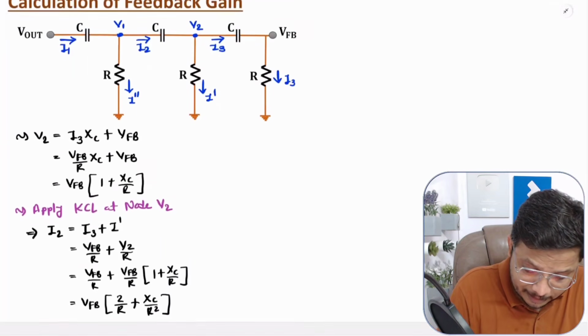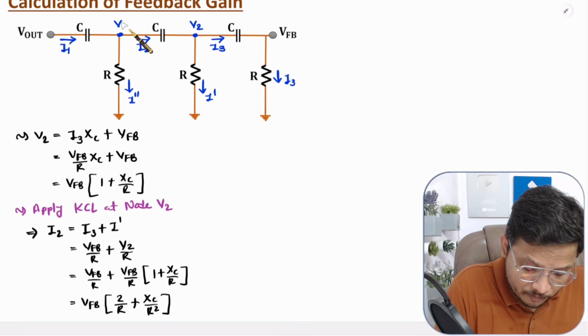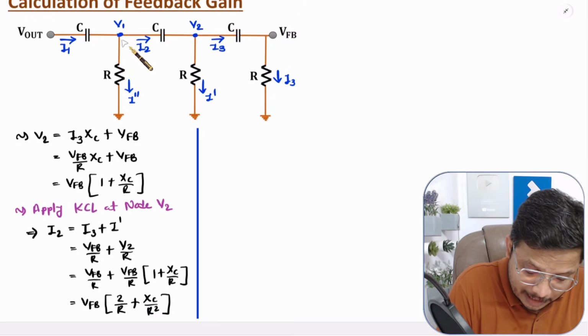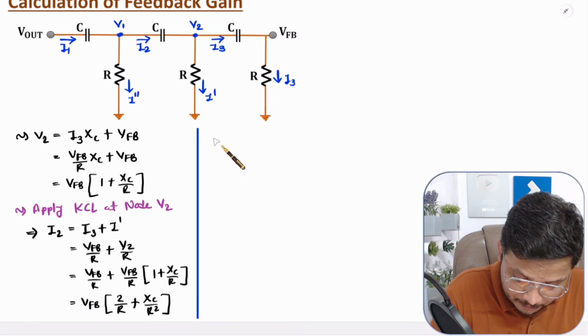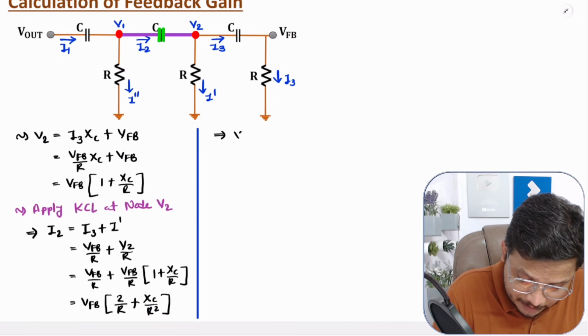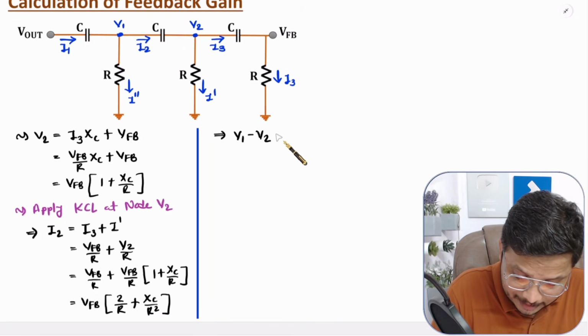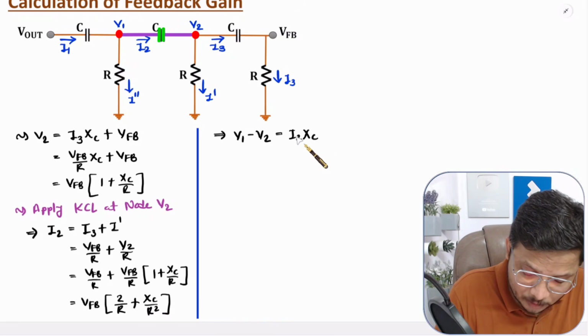Now in this circuit, we have V2 and I2. Now we need the V1 value, right? To get the value of V1, I'll apply the potential difference across this capacitor. So V1 minus V2 equals I2 into XC.